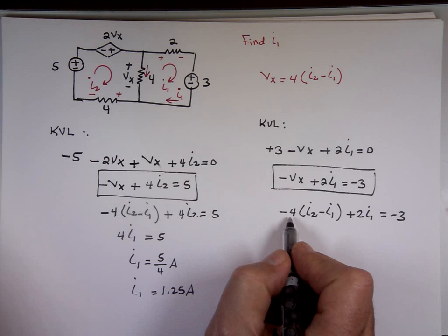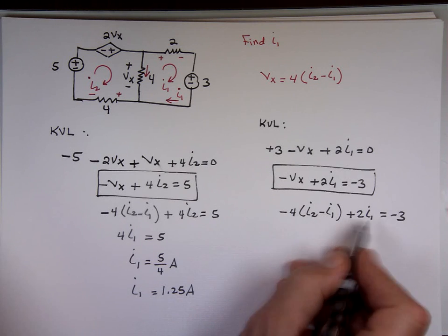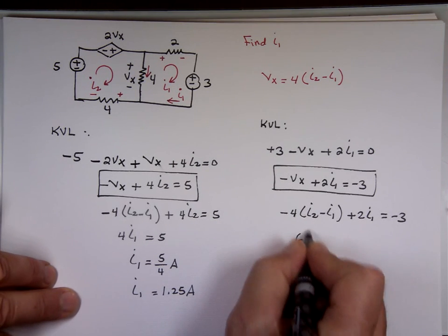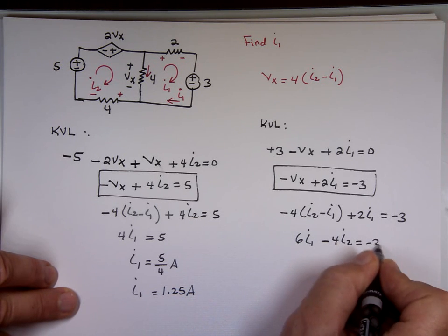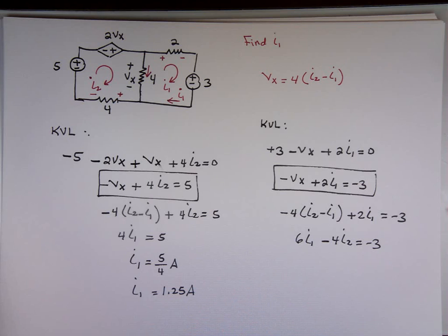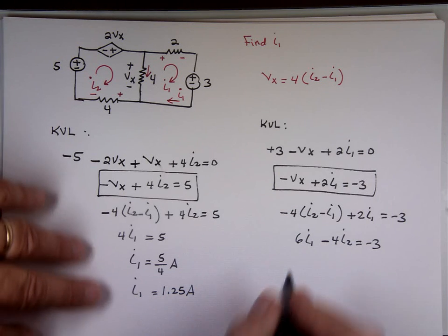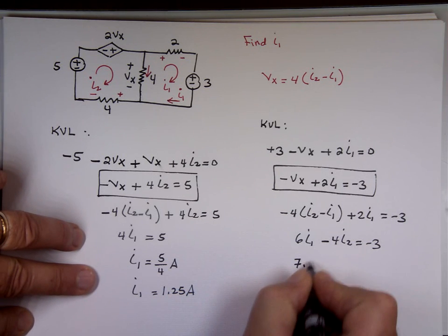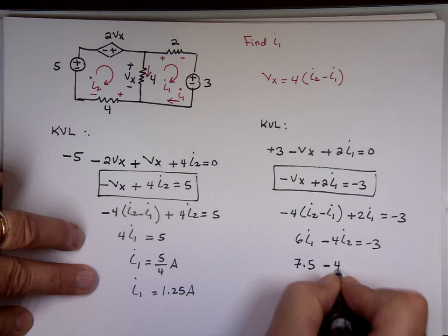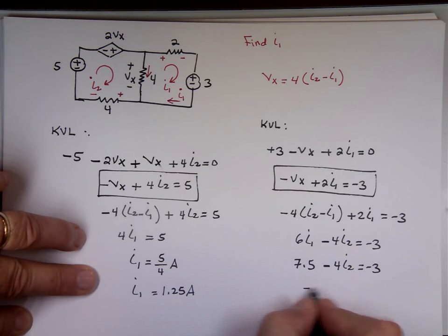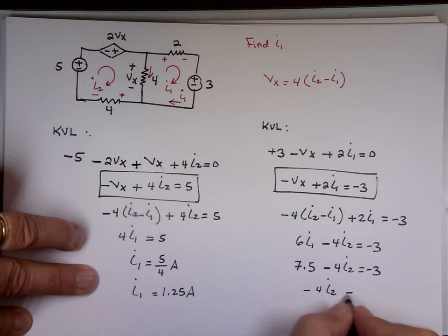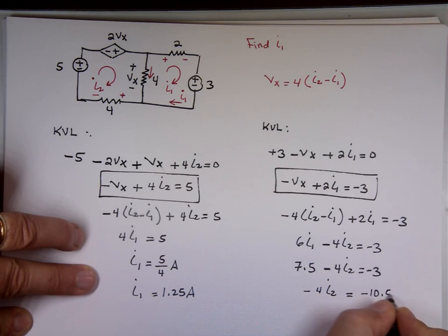So let's see, that's 4I sub 1 plus 2, that's 6I sub 1 minus 4I sub 2 equals negative 3. Now I'll replace I sub 1 with 1.25. So 6 times 1.25, that's 7.5, I think. Bring this one here, 10.5.